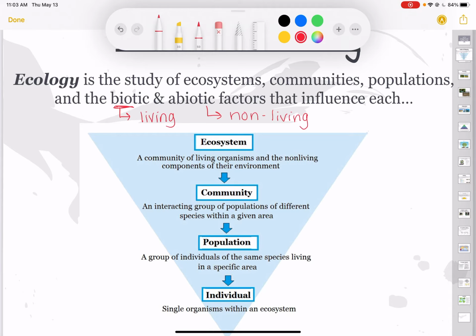When we talk about those things in the sense of Western science, we talk about something that's living or non-living. When we talk about it in the sense of Cree culture, we might look at biotic and abiotic things a little bit differently. In Western science, we think of a rock as non-living. Well, in Cree culture, we might think of that in a bit different way.